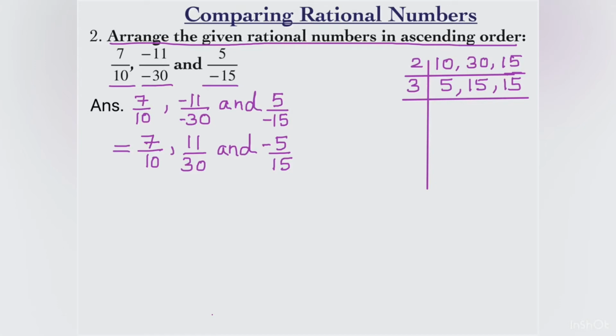Since 5 is not divisible by 3, we will write it as it is. 3 times 5 is 15. 3 times 5 is 15.